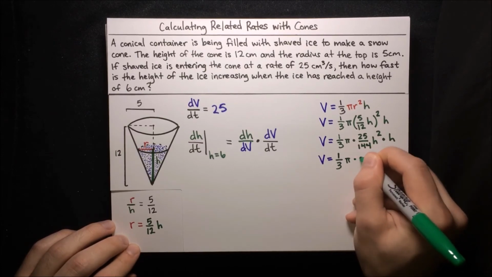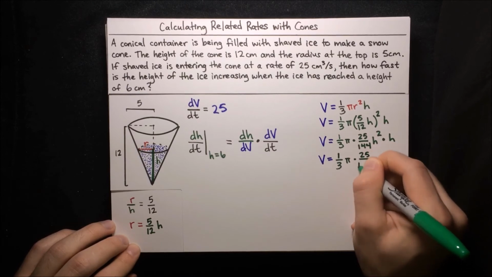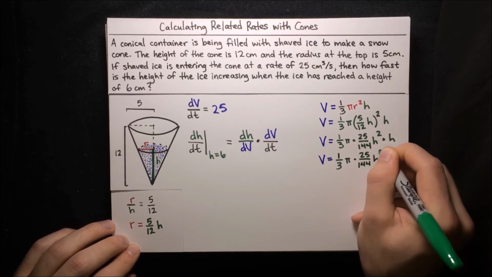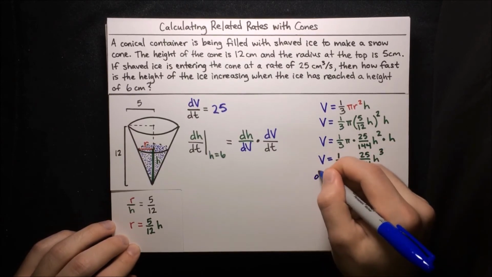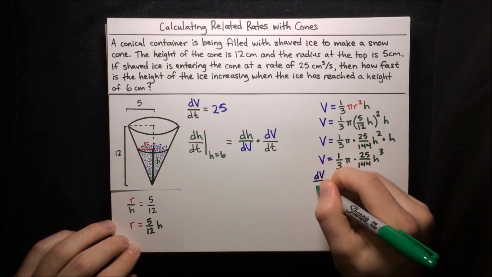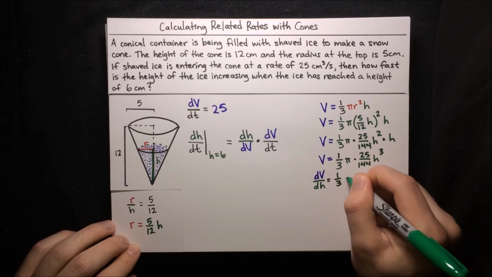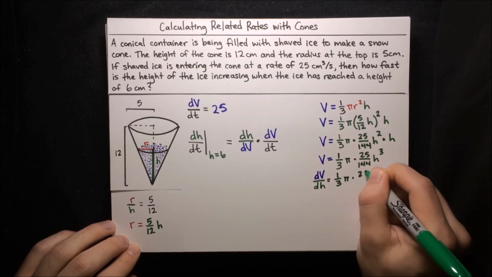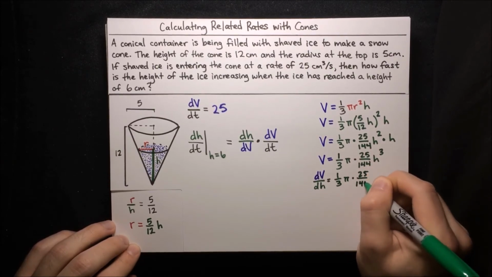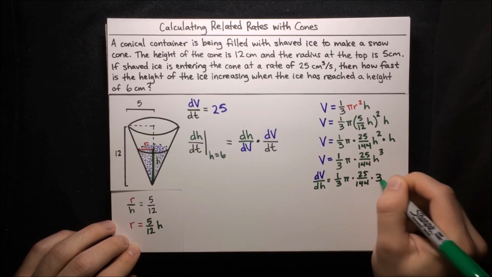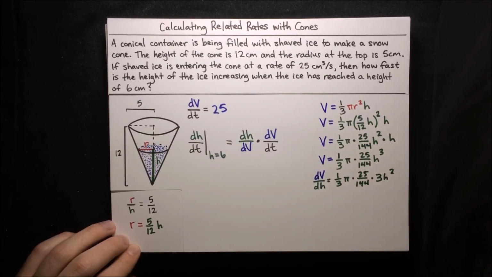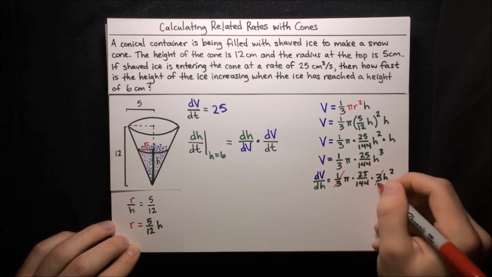So 1/3 pi times 25/144 h cubed. Take the derivative, dV over dh, and using the power rule, this is 1/3 pi times 25/144 times 3h squared. And we see that the 1/3 and the 3 cancel.